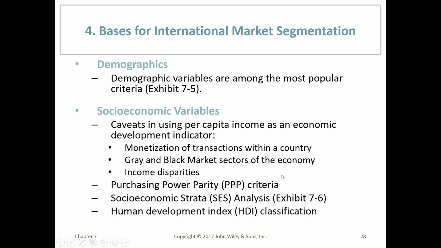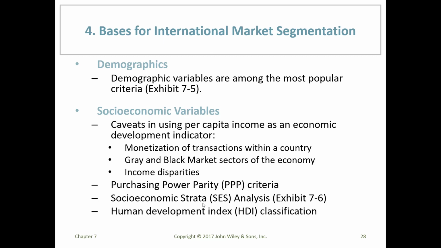We may need to think a little bit about purchasing power parity. As we've described before, if the currency is undervalued a little bit, consumers may have more purchasing power than we think. We also need to think about the relative size of the different classes in the economy.